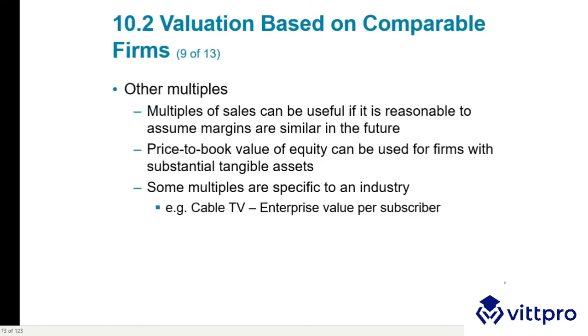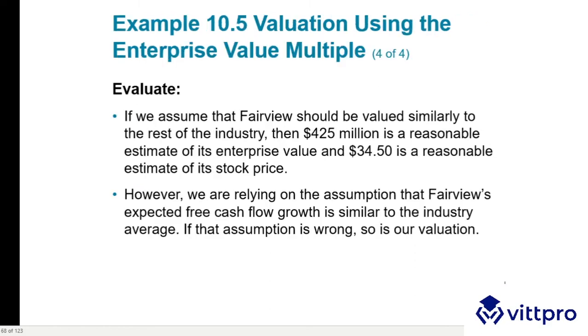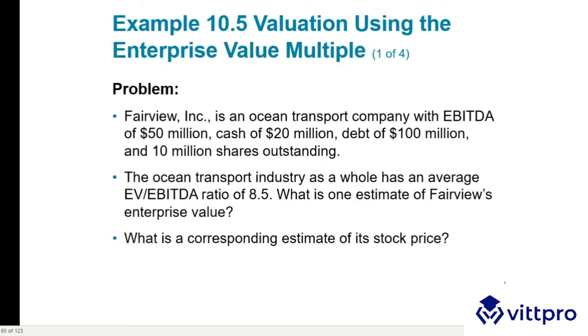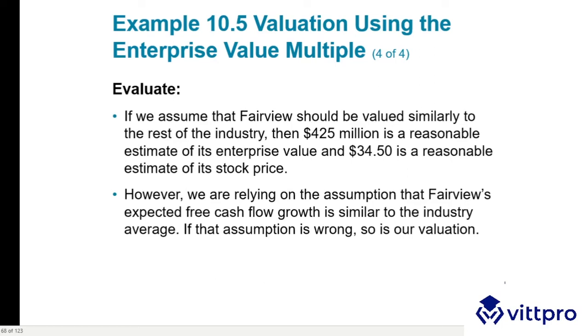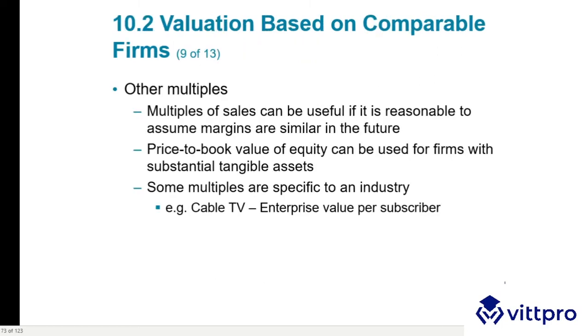The other multiples which you can use for comparable firms are multiples of sales, meaning enterprise value compared to sales. In this example, we multiplied enterprise value with the EBITDA, right? In other examples, you can always use sales, but you need to make sure that the sales margin and the profitability remain the same and are not going to change.